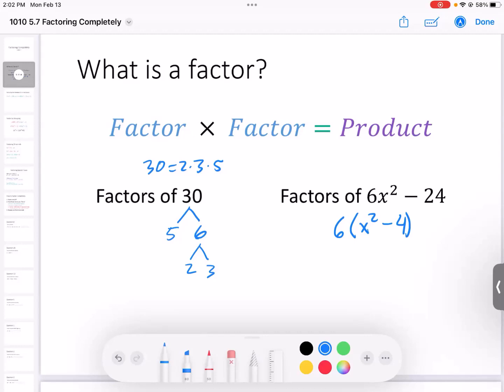And so based on the stuff we learned last class, we could write this as x minus 2 times x plus 2, because a difference of squares can be factored like this. So this would be considered fully factored. Even though this is technically factored, it would be marked wrong on your homework because it's not fully factored. Does that make sense? Kind of the idea of fully factoring something? It's like you break it down until it can't be broken down any further.